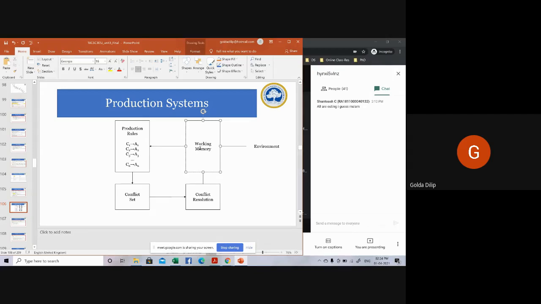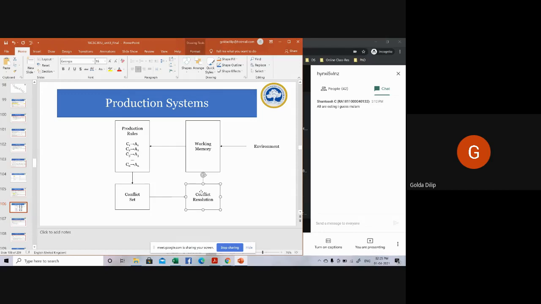Then those patterns will be matched against the conditions of the productions. Sometimes there could be conflicts, in the sense that multiple productions may match, so those conflicts will have to be resolved.